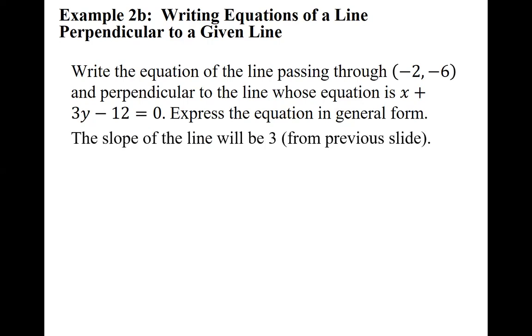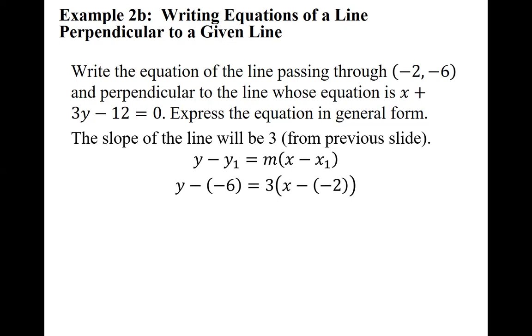So start with point slope form. Plug in our slope of 3 for m, plug in our -2, -6 for our point, being careful that we are subtracting the entire negative, because minus a negative becomes plus. So y plus 6 equals 3 times x plus 2. We want to be in general form.